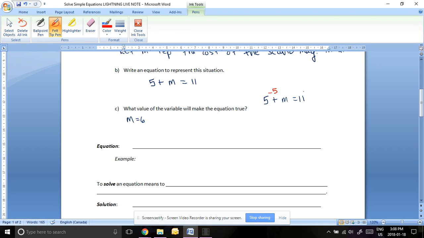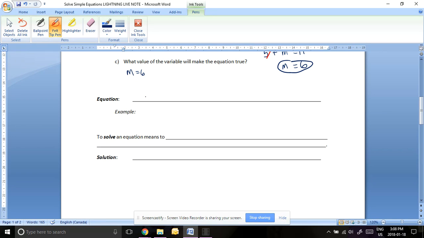And because this is an equation and you have to do the same thing on both sides, you also subtract 5 from the other side. You can see that 5 minus 5 is 0, so that goes away. We're left with only an M on the left side. And we know that 11 minus 5 is 6, so we get the solution M equals 6.